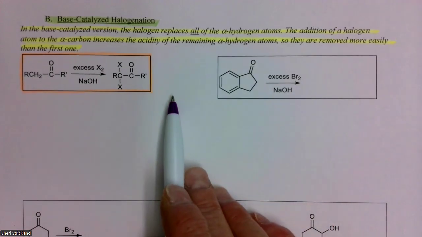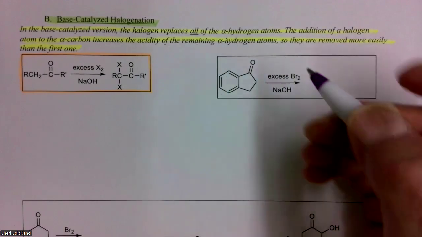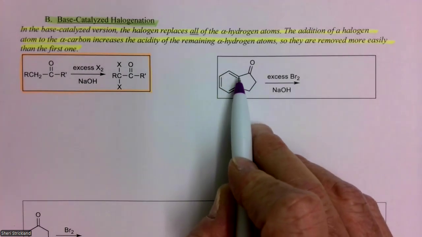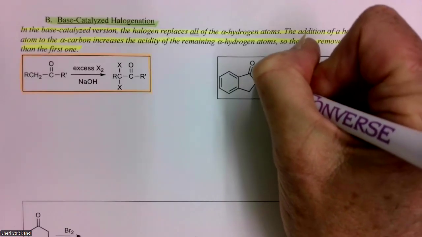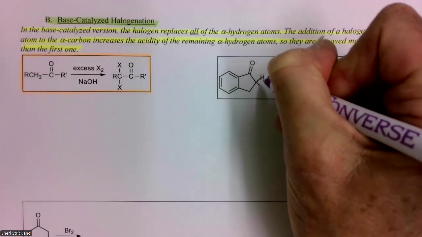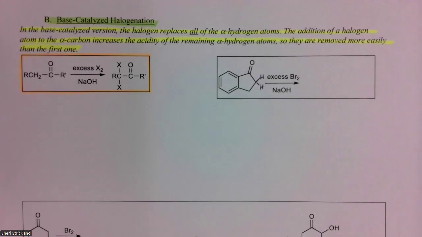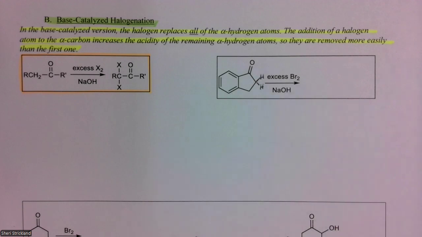So you would look at your starting compound, like this one, for example, and go, okay, this is an sp2 hybridized carbon, so it can't be involved in this, but over here, this one has two hydrogens attached to that alpha carbon. So the product is going to have both of them replaced, not just one of them replaced.